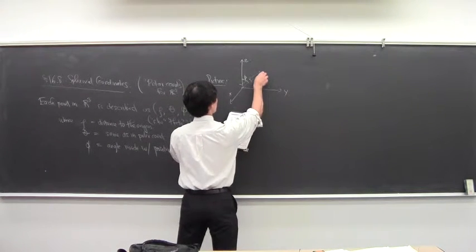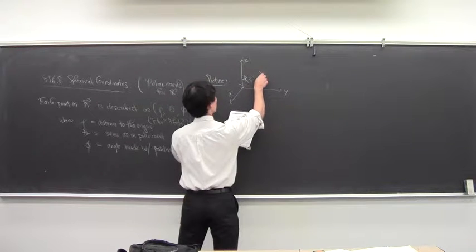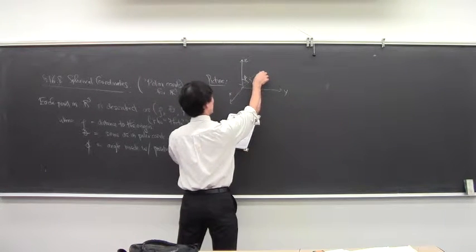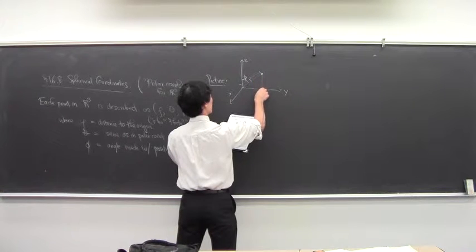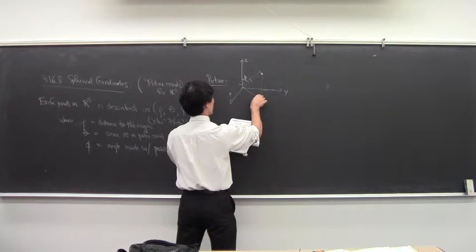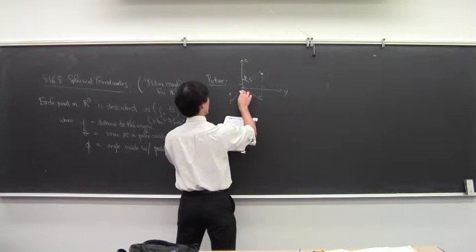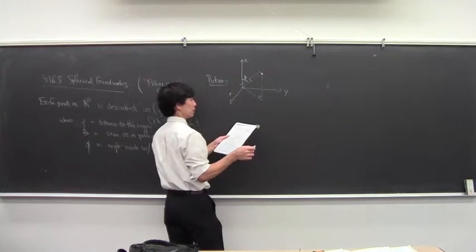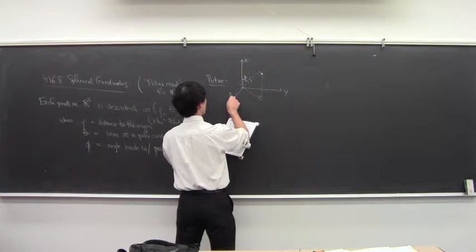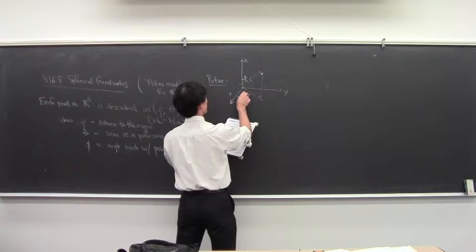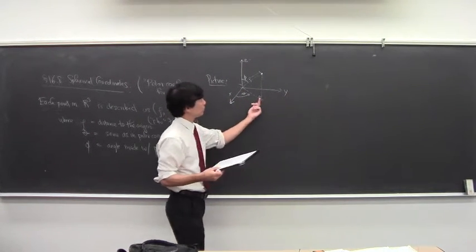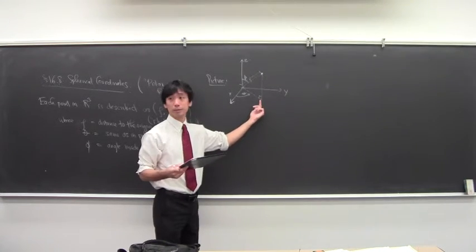Okay. And then I'm going to drop a perpendicular down to the plane here. So drop a perpendicular down this way, and then the angle from the x-axis to this line is your theta.